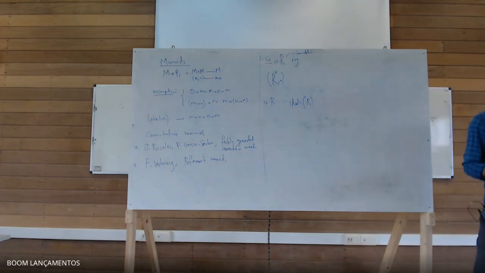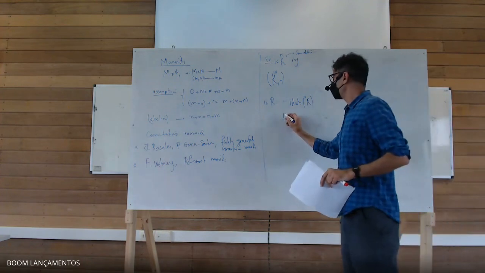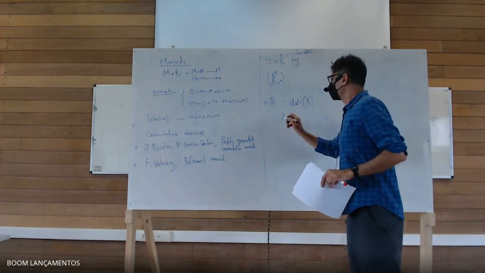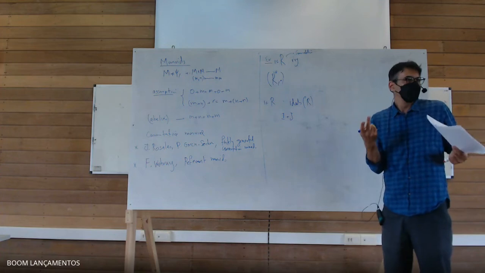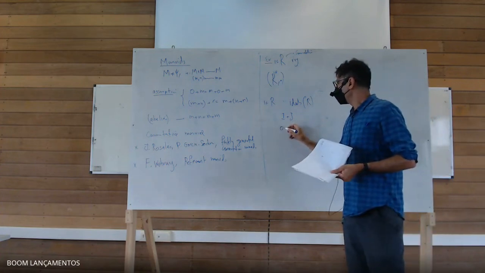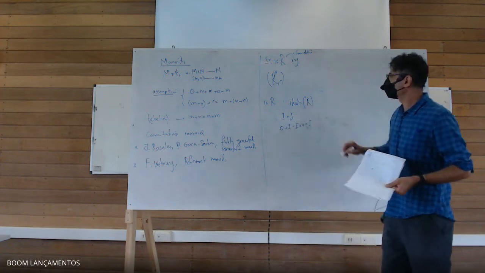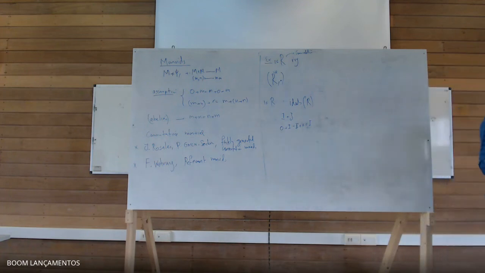Okay, so collect all the two-sided ideals. This is a monoid because if I get one ideal, I have a notion of adding ideals. So that gives you sum, and the 0 ideal behaves like the identity. So this is also a commutative monoid. From any ring, you get a commutative monoid.